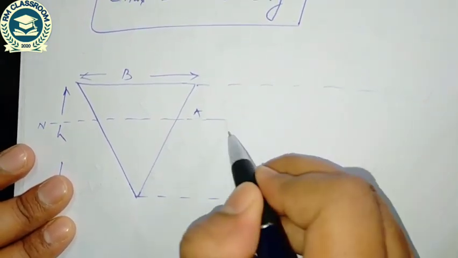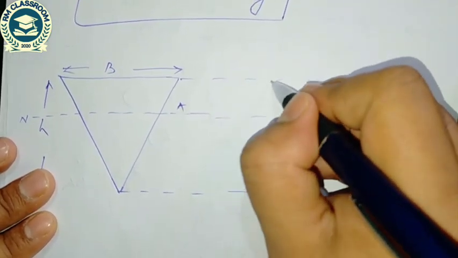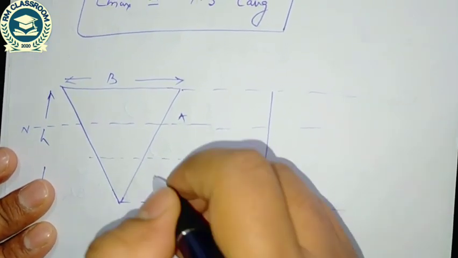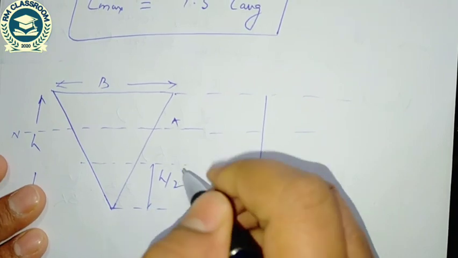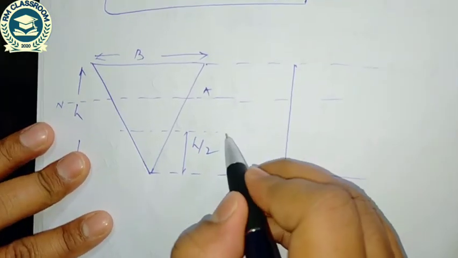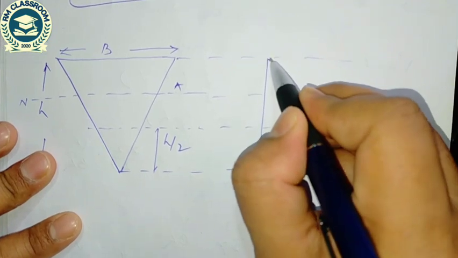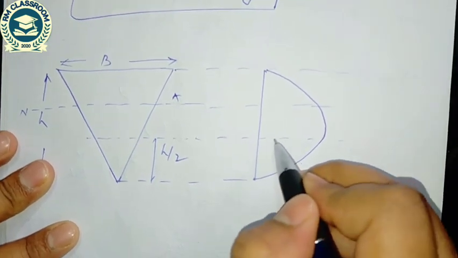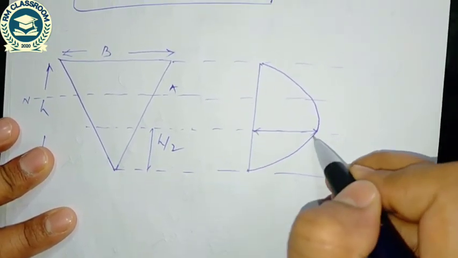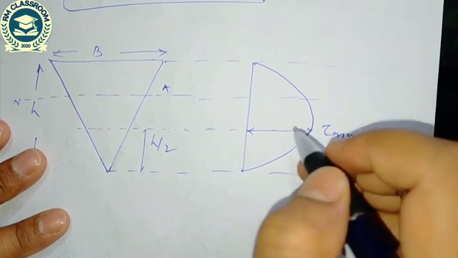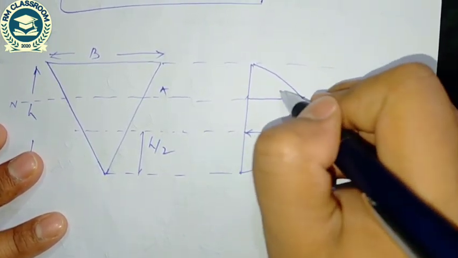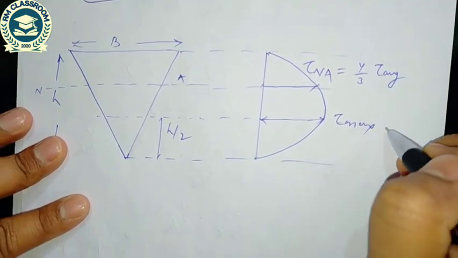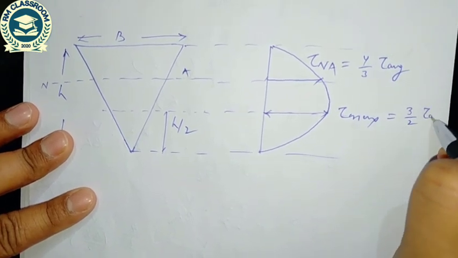So if I draw the distribution, this is h by 2. So the maximum shear stress, this is the maximum shear stress, and here tau at the neutral axis, that is 4 by 3 tau average, and the maximum shear stress is 3 by 2 tau average.